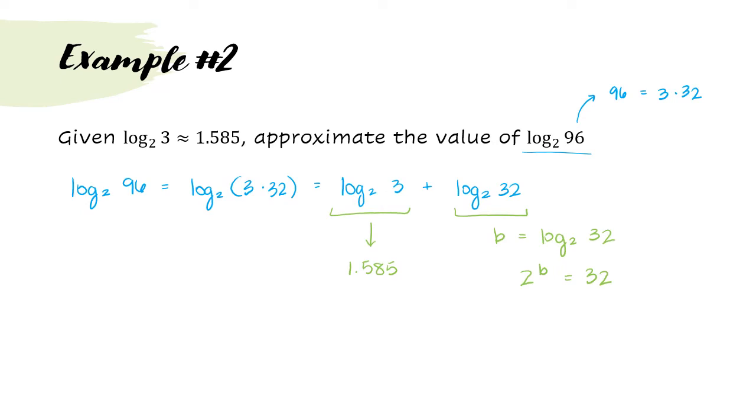What is b going to have to be? b is going to be equal to 5. So that means my overall equation looks like 1.585 plus 5. That's what log base 2 of 96 is equal to. So overall, we'll say 6.585.